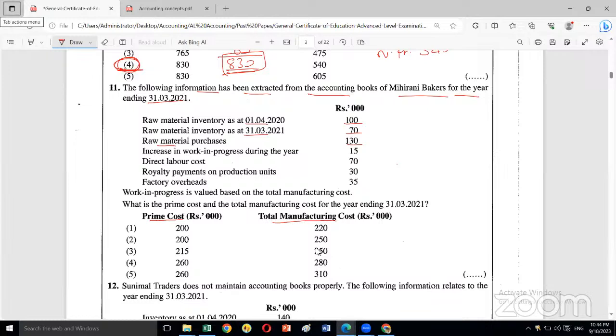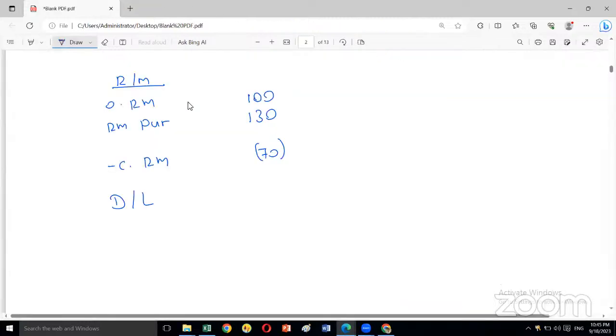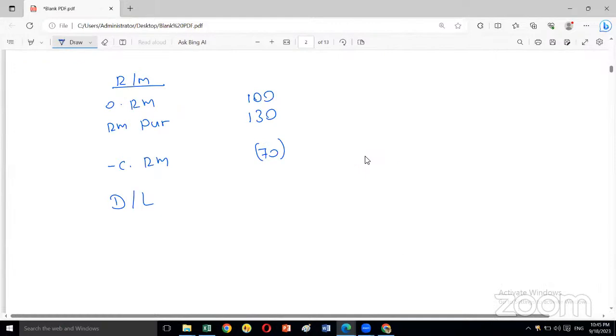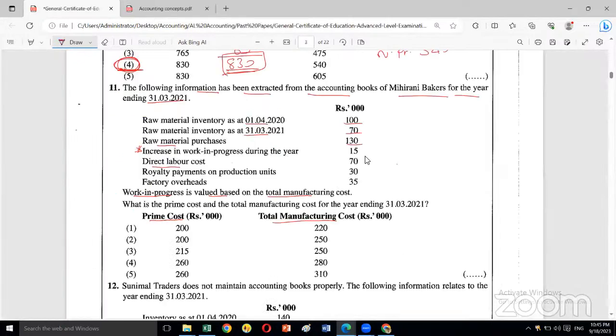Here they gave an increase in work in progress. Work in progress is valued based on the total manufacturing cost, so we'll do this one last. I'll put a mark. After that, they gave the direct labor cost, 70. Then the direct other, a royalty payment on the production unit.